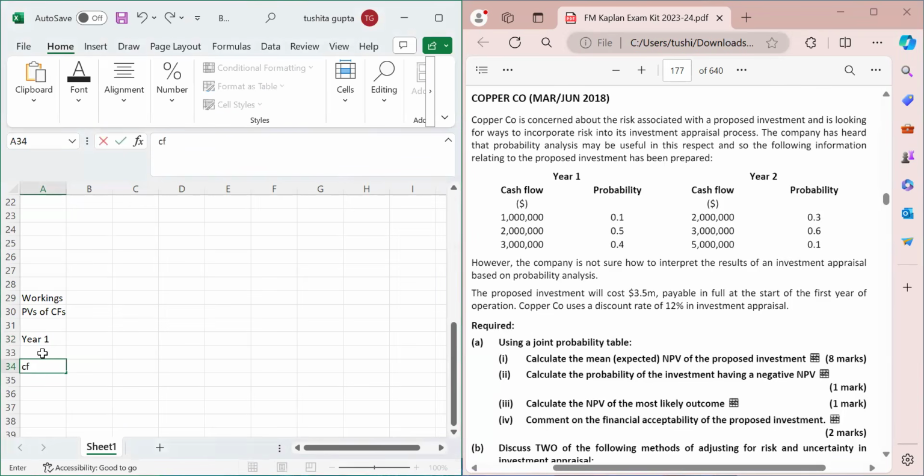I have 3 sorts of cash flows available. Cash flow 1 is a probability of having 1 million. Then I have 2 million. And then I have 3 million. So these are the cash flows that can be there in the first year.